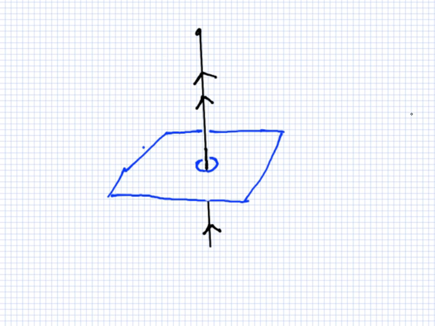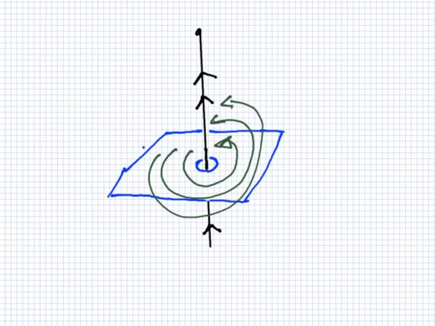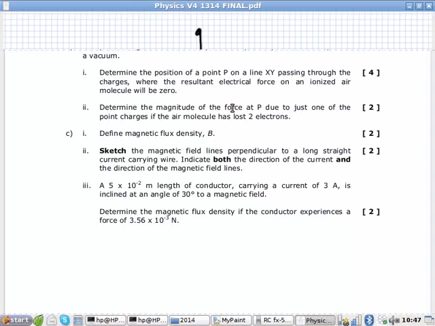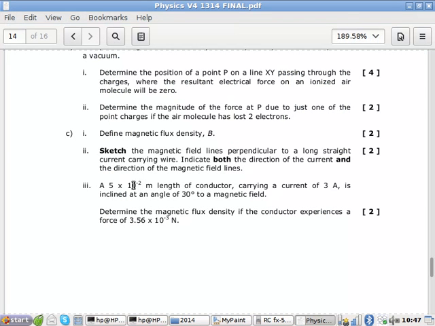The next part is I give you a length of wire, you have a current, you have an angle, and you have the force, and this time they want the flux. This one here is, you have a wire, and the length of the wire is 5 times 10 to the minus 2 meters.